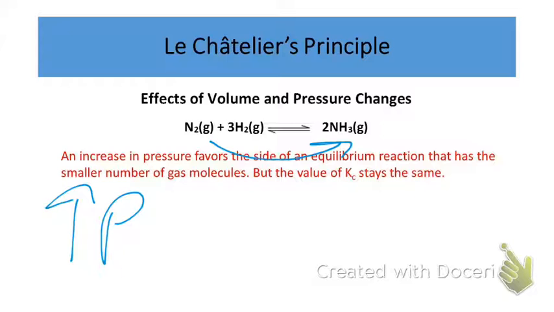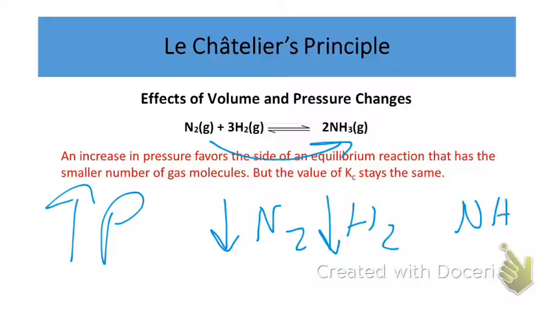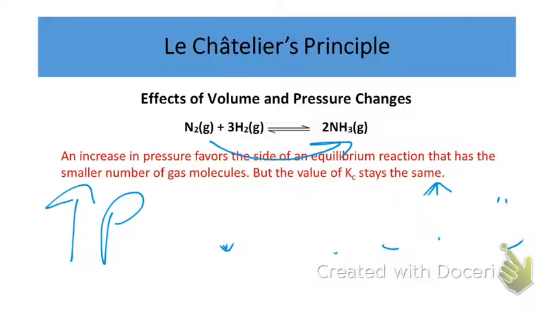Does that make sense? So nitrogen would go down, hydrogen's concentration goes down, and the ammonia concentration should go up when we make those shifts.